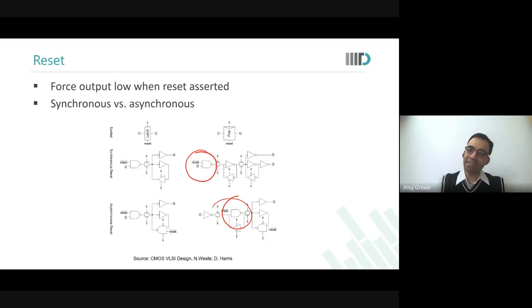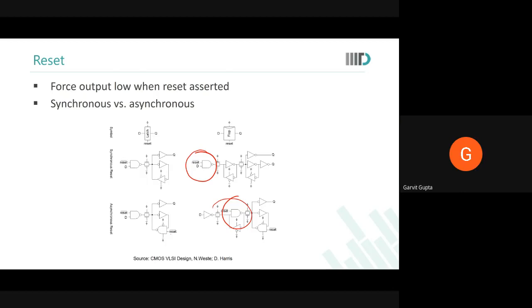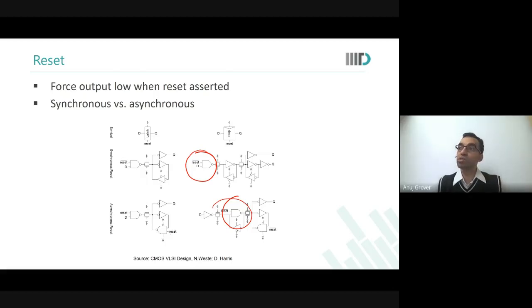When you have it inside the latch, the reset will happen asynchronously. As soon as reset comes, your latch is reset. Are you able to see this? Yes, sir. So depending on what your system requires, you may want to use the first or the second implementation of a set reset flop.